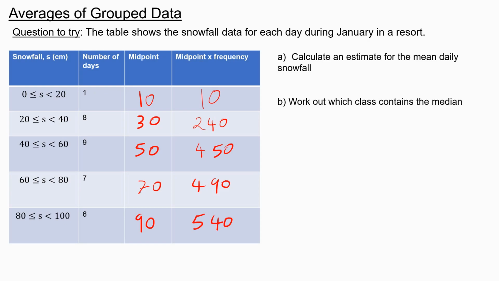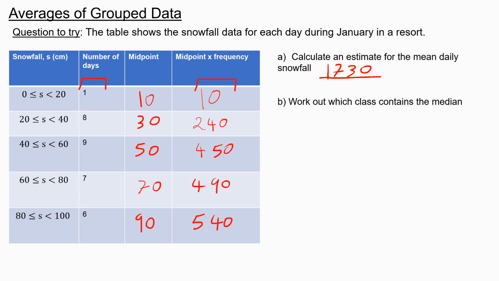To work out the estimate for the mean, we need to do the total of our midpoint times frequency. So we add all of these midpoint times frequencies up, which gives us 1,730. And we divide by the total number of days, which is the total frequency.